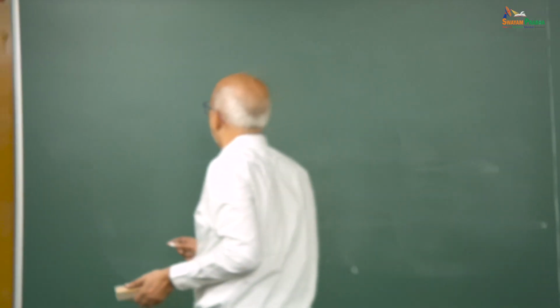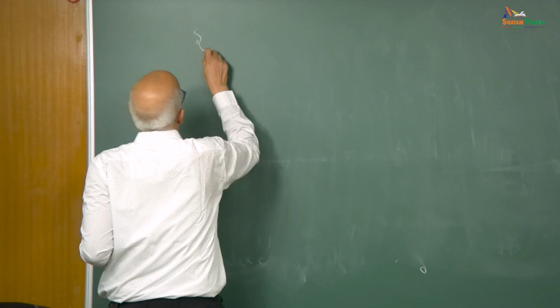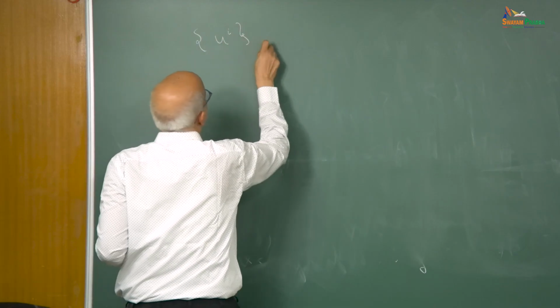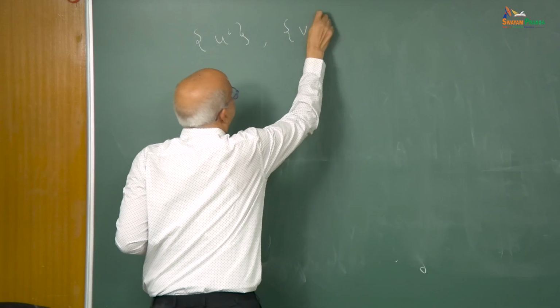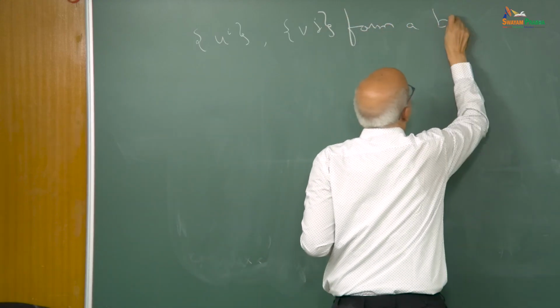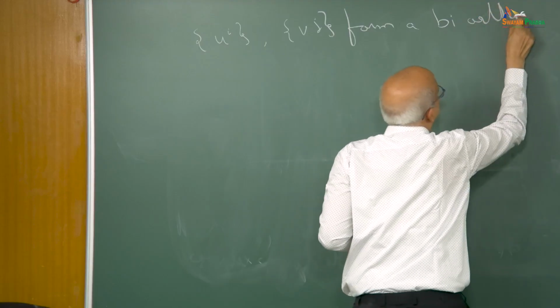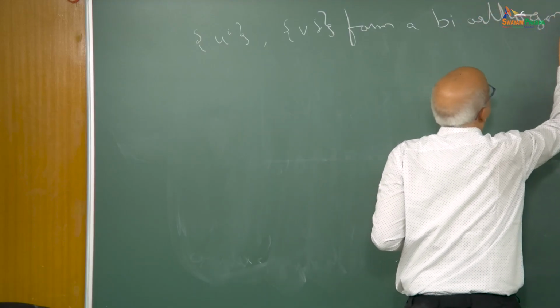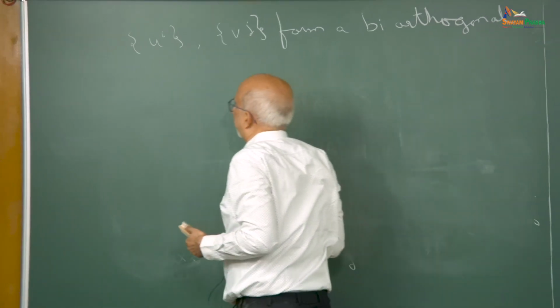So basically I am saying Ui and Vj form a bi-orthogonal set.